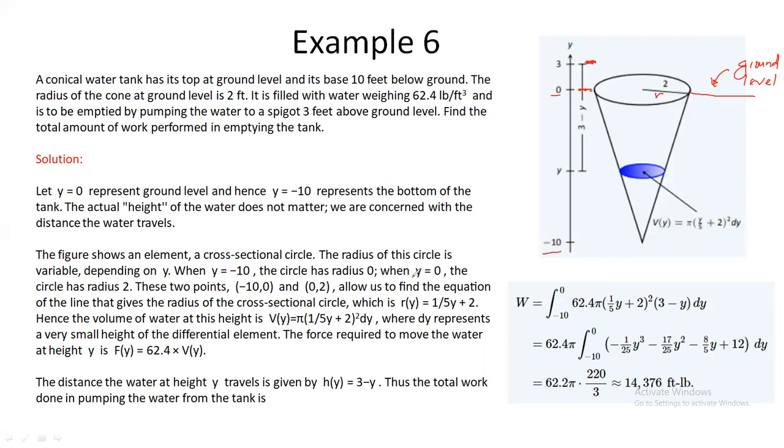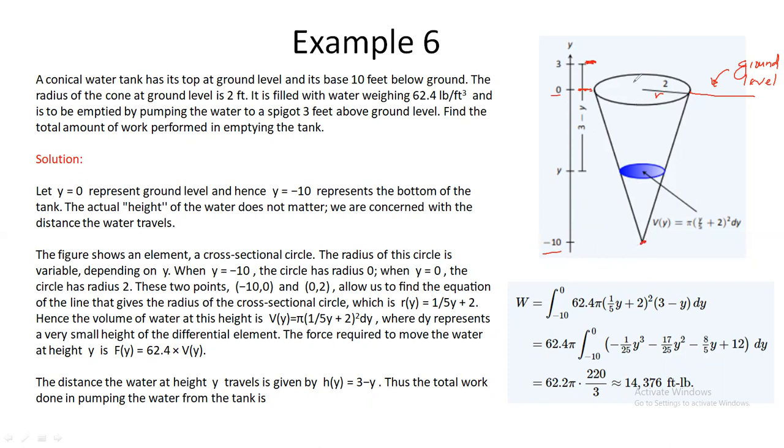When y is equal to 0, right on the top of the tank, on the ground, your radius is equal to 2. And as such, we now have these 2 points, which represent the coordinates x and y. Negative 10, 0 for this point here. Or, if you're going to represent it in terms of x and y, that would be 0, negative 10.